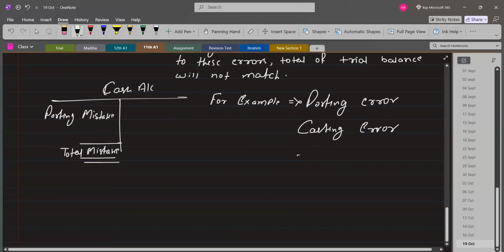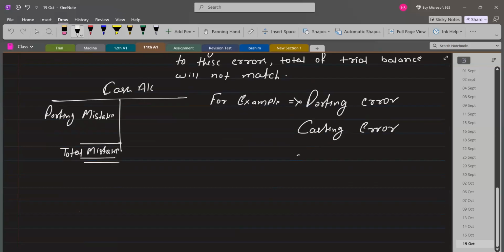And actually balancing error is also part of casting error. When we calculate a higher total, then the balance is automatically higher. So casting error is also called balancing error. Okay, so posting error and casting error.